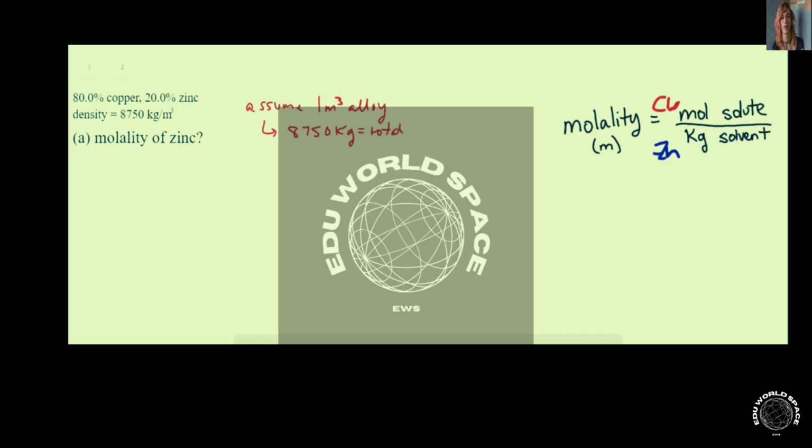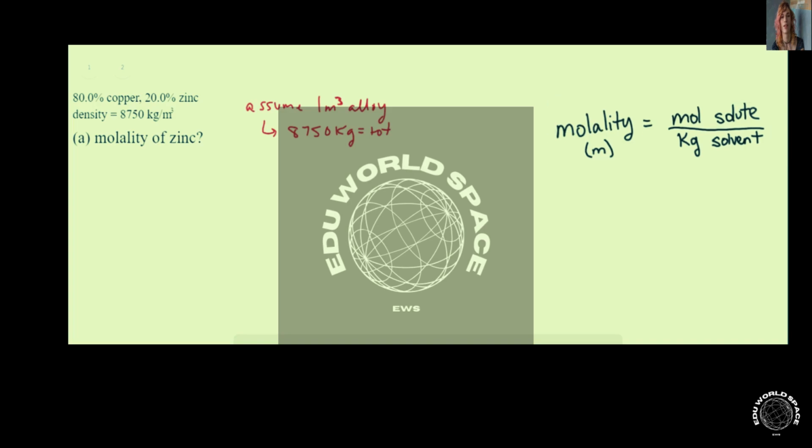The copper is the solvent. That's what I was trying to say. The copper is the solvent, and the zinc is the solute.